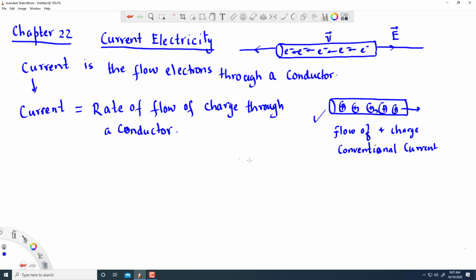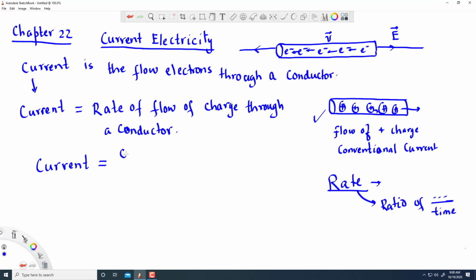Okay. So whenever you see the word rate, it deals with a ratio, and in physics mostly when we talk about rate, we talk about the ratio of something over time. So in this case, current is the ratio of charge, because it's the flow of charge, over time.